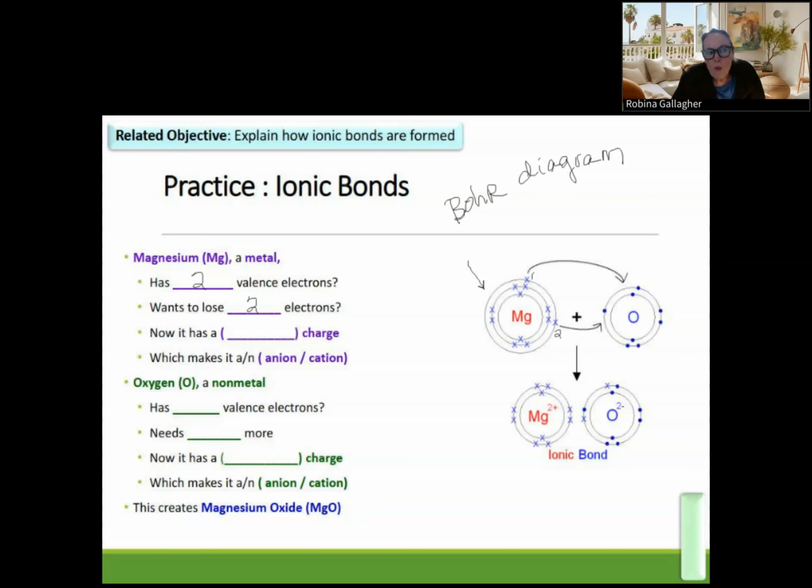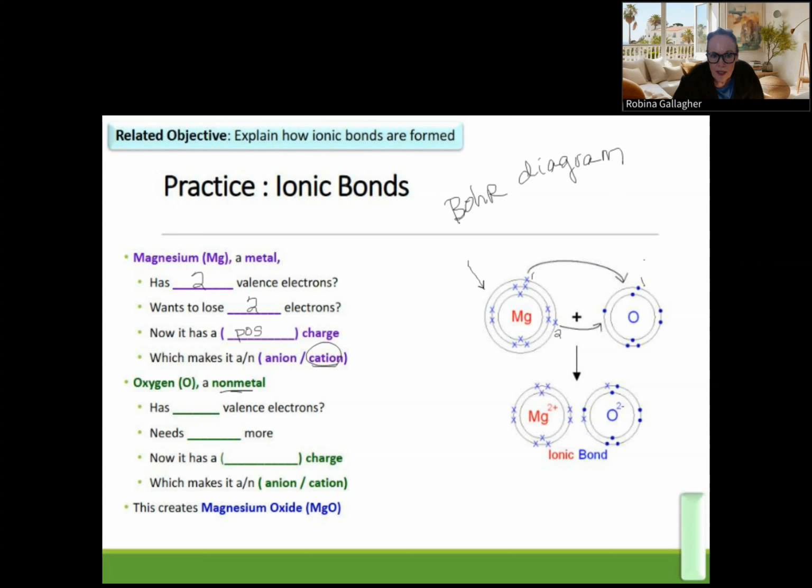Once it loses those electrons, then it has a positive charge and it becomes a cation. Oxygen over here is a nonmetal.